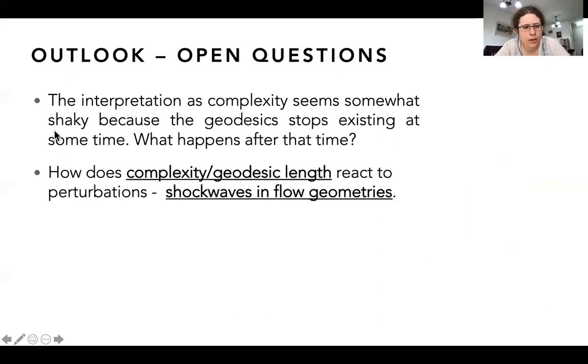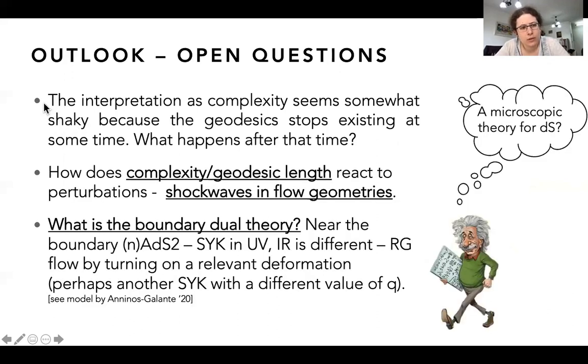So what are the open questions? So the first open question is that the interpretation as complexity seems to be somewhat shaky because the geodesics stop existing at some time. So what happens to the complexity after this time? That's an open question that I think we don't understand yet.